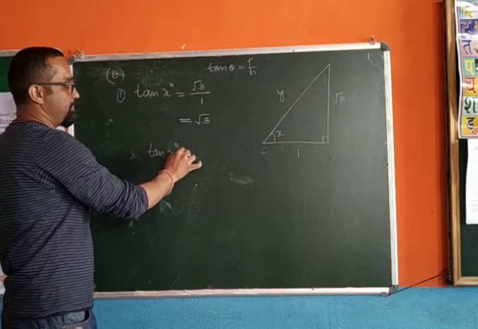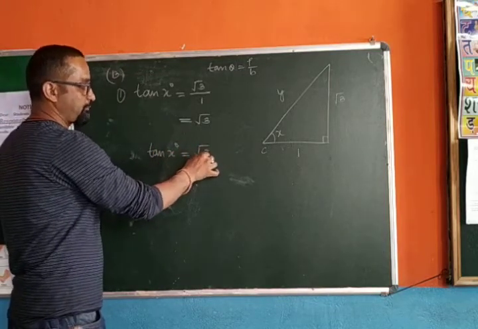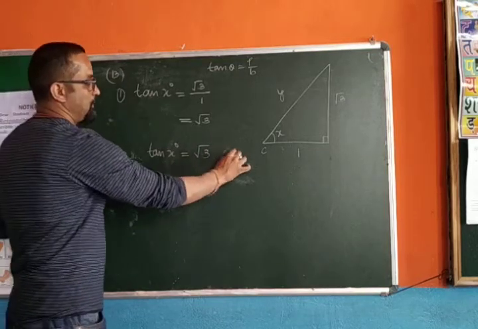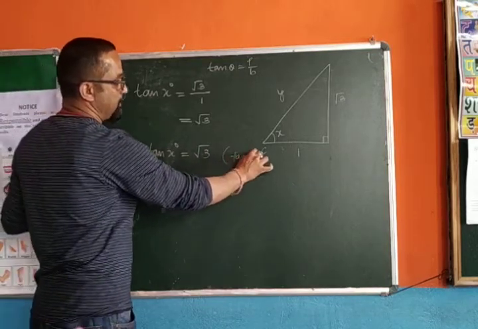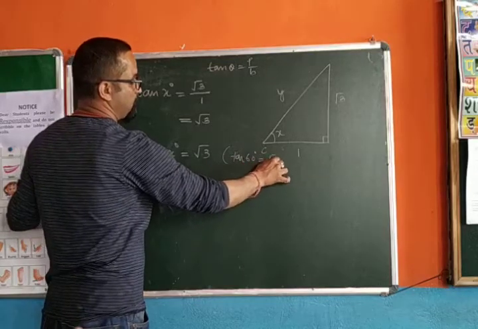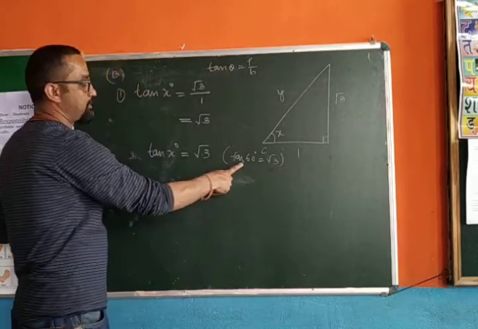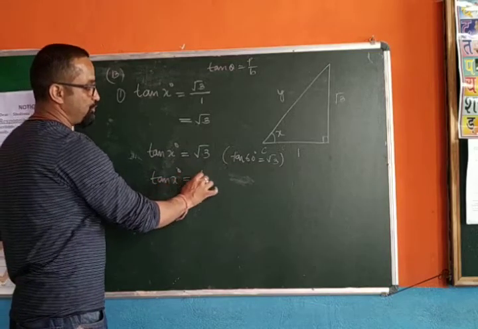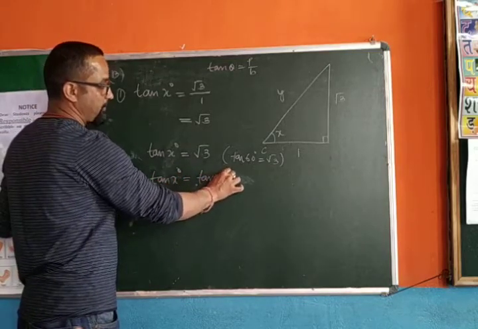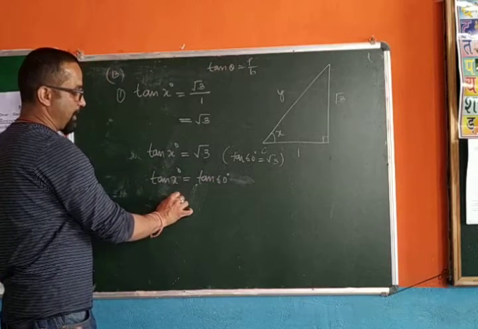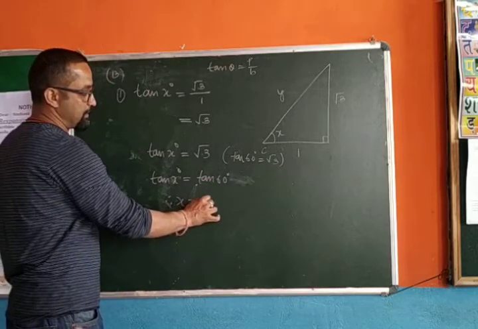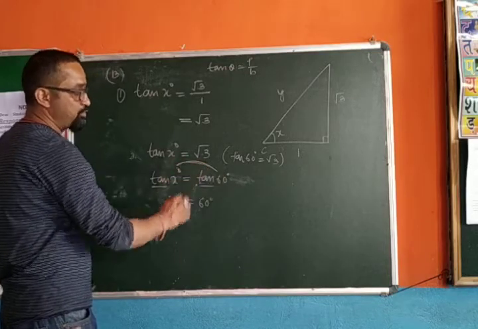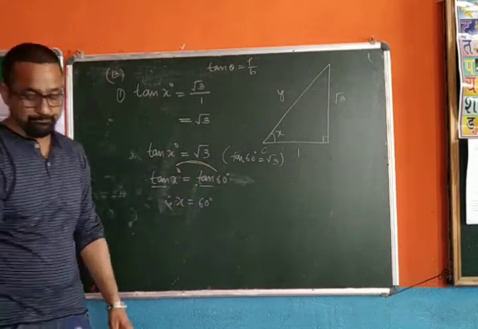Tan x degree is equal to root 3. Which trigonometrical tan is root 3? Tan 60 degree is root 3. So we replace root 3 by tan 60. Tan x degree is equal to tan 60. Therefore, x is equal to 60 degree. Tan equal to tan, so x will be equal to 60 degree.